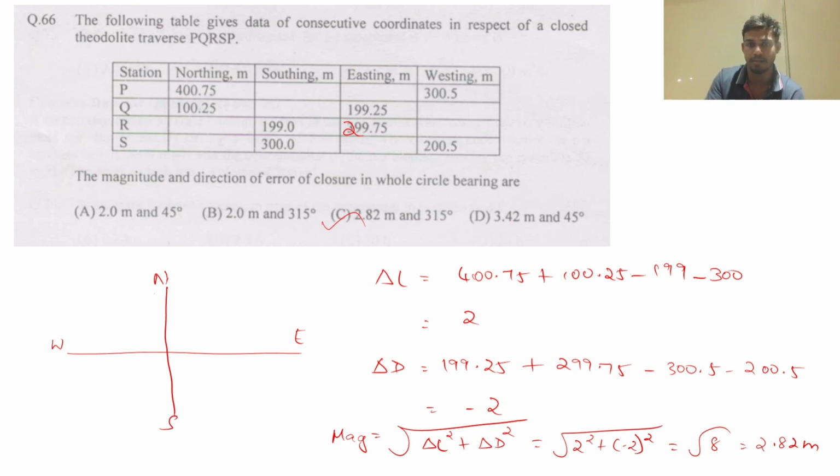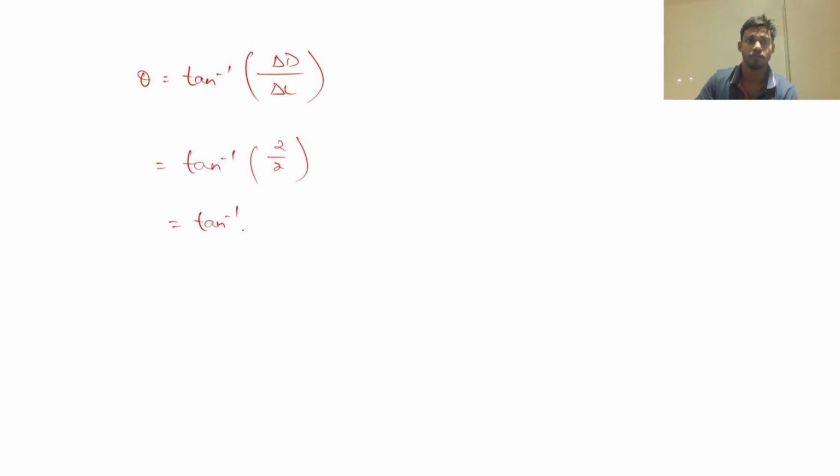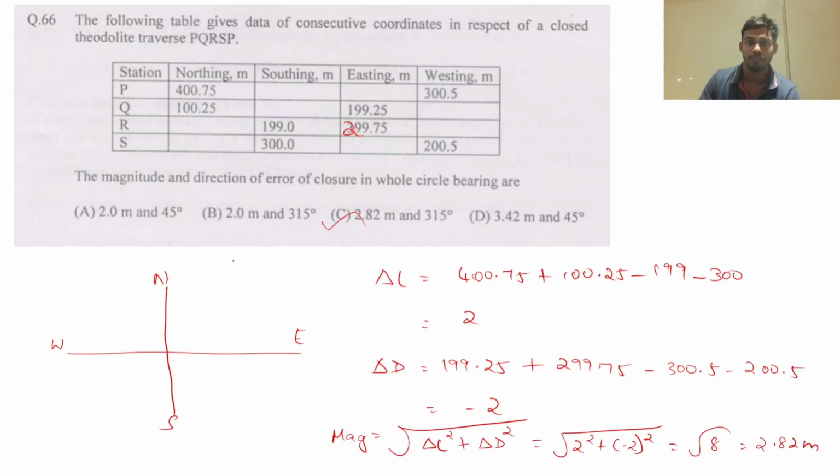To calculate direction, theta is equal to tan inverse of del D divided by del L. So it is equal to tan inverse of 2 divided by 2, that means tan inverse of 1, which is 45 degree. But look at the error in latitude and error in departure.